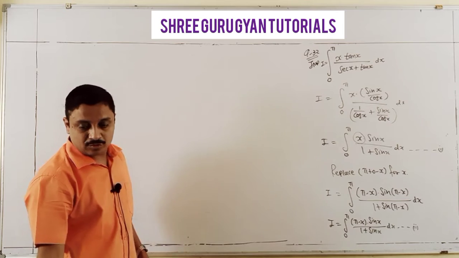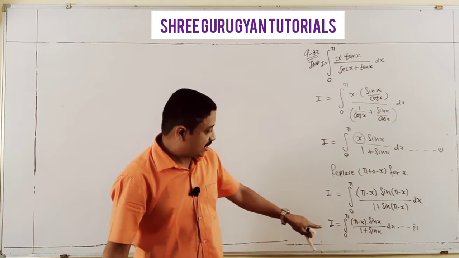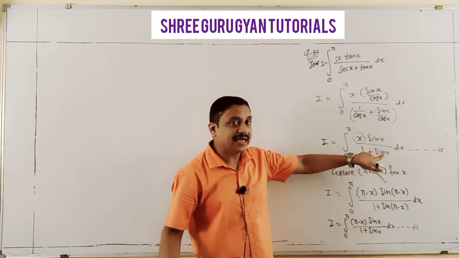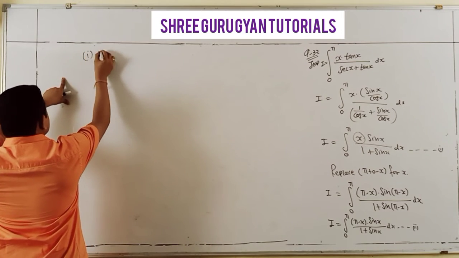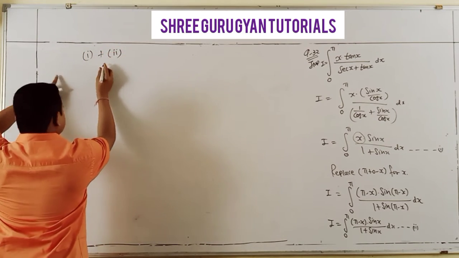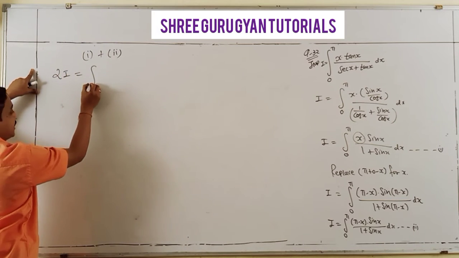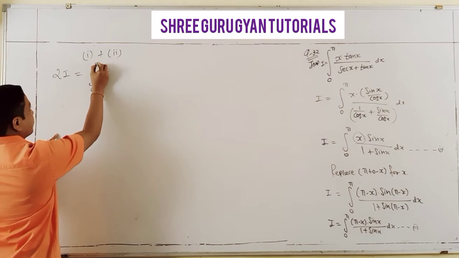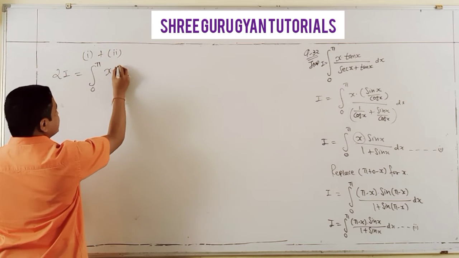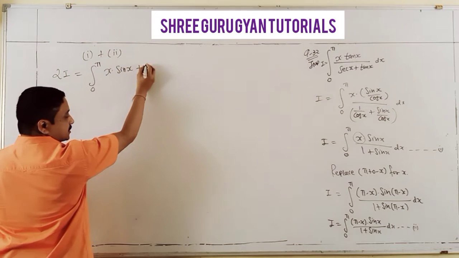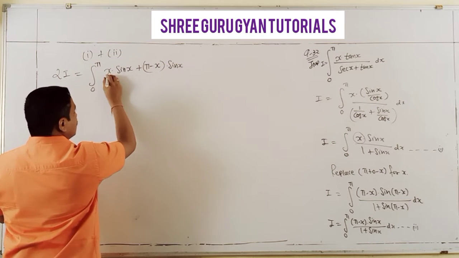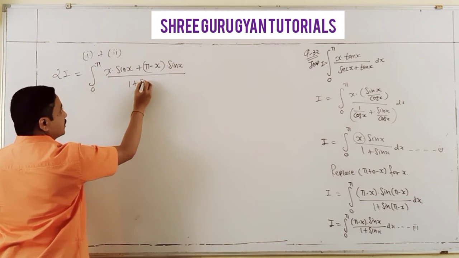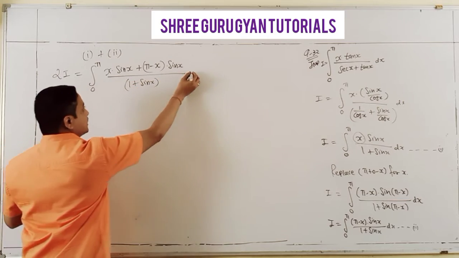So if you add both, then denominator and this LCM same. So 1 plus 2 we add twice side, and that is 0 to pi x sin x plus pi minus x sin x upon 1 plus sin x dx.